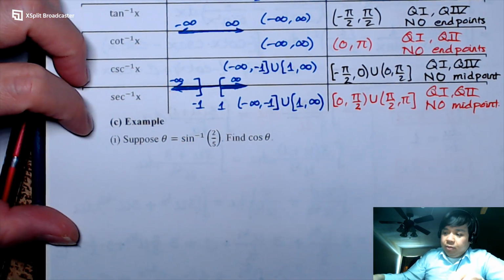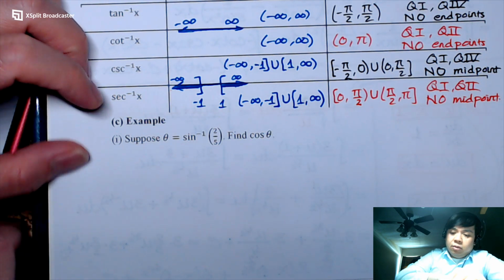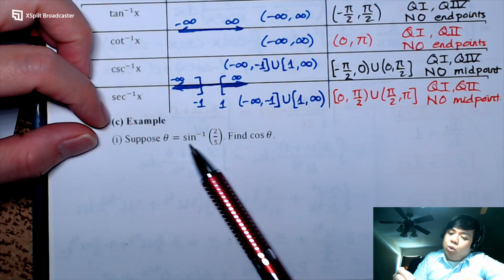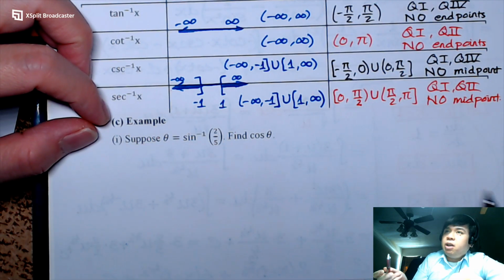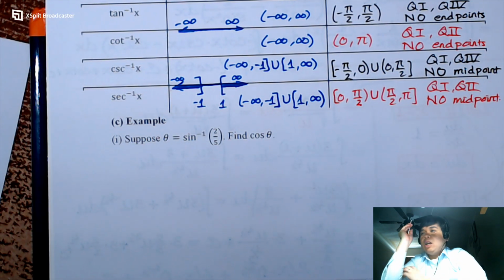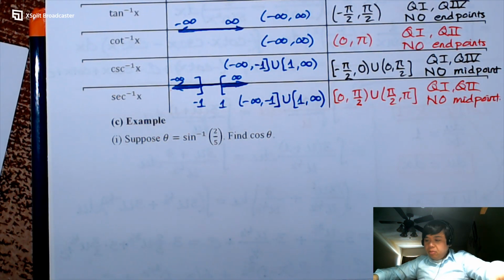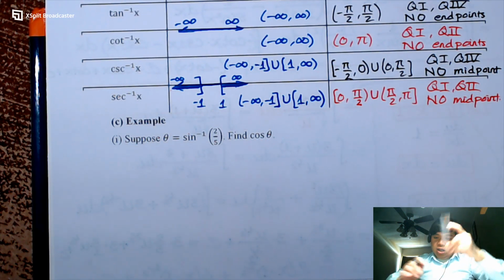So suppose theta is equal to sine inverse of 2/5. What is cosine? You can say that cosine square plus sine square equals 1. But yeah, that certainly works. But this trick you see again in chapter 8.